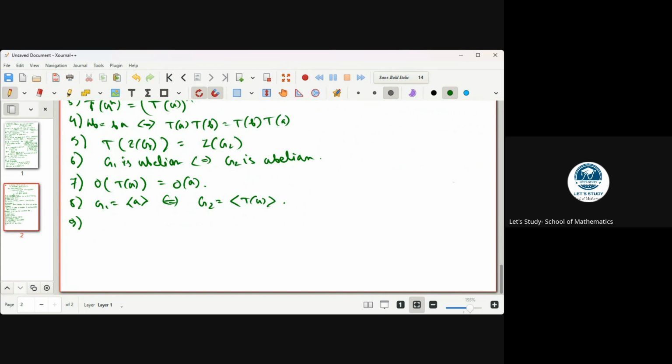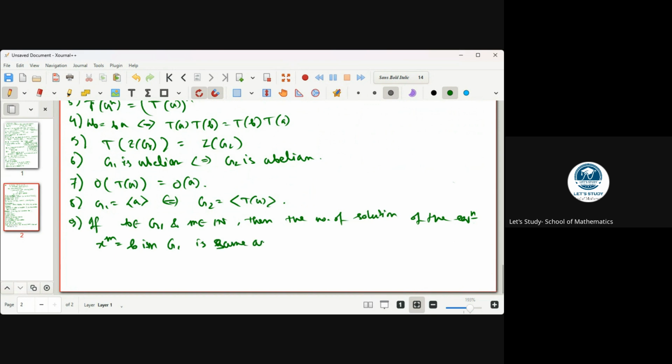Now this is the most important, or I would say many times we need this in exams: if B belongs to G1 and m belongs to the natural numbers, then the number of solutions of the equation x to the power m equals b in G1 is the same as the number of solutions of the equation x to the power m equals T(b) in G2.